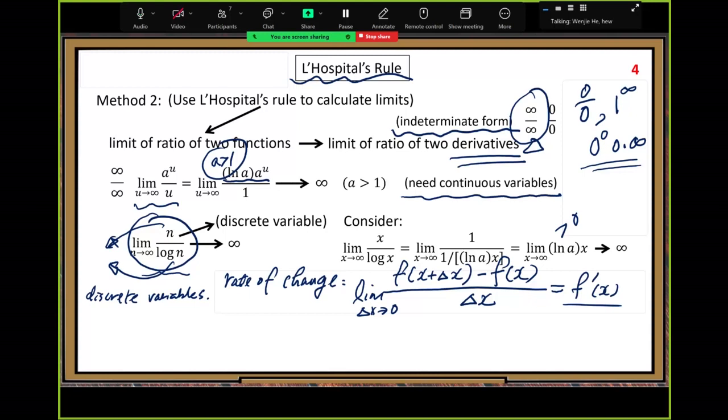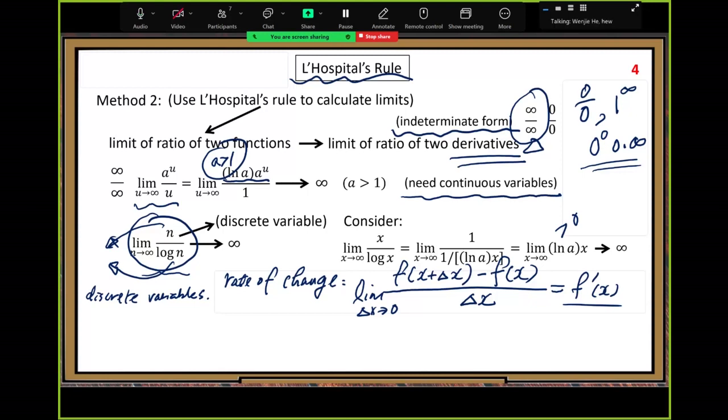The answer is yes. But I need to explain why. The answer is yes, this step is legal. So we get a continuous version limit, then when we go back to the discrete version, we have the same limit. But the question is why? Why the same limit?